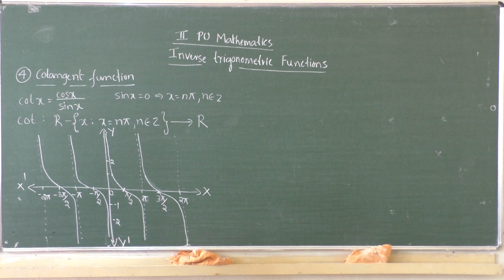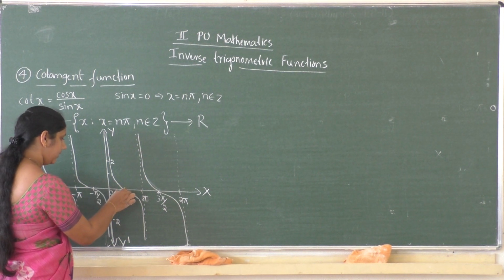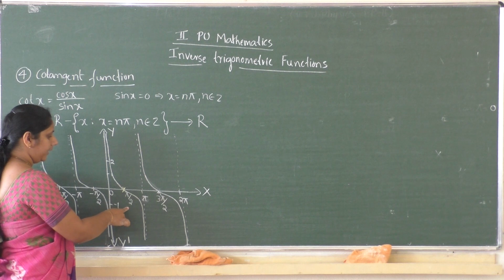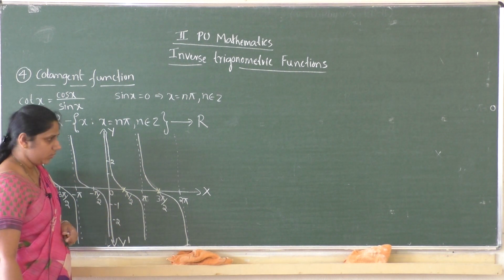Now we have to do the graph of cot inverse. Before that, check whether this function is one-one or not. See here, cot pi by 2 is 0, cot 3 pi by 2 is 0, right?